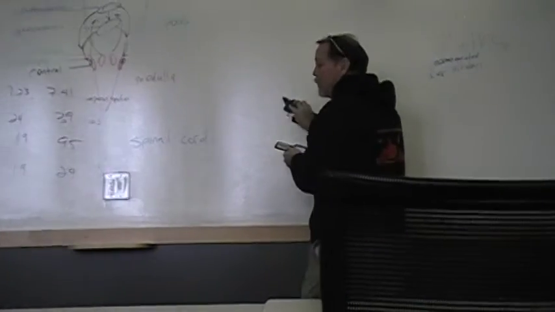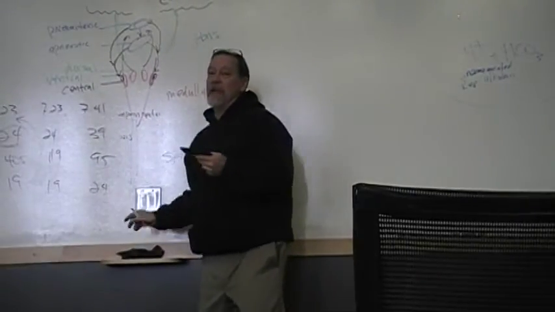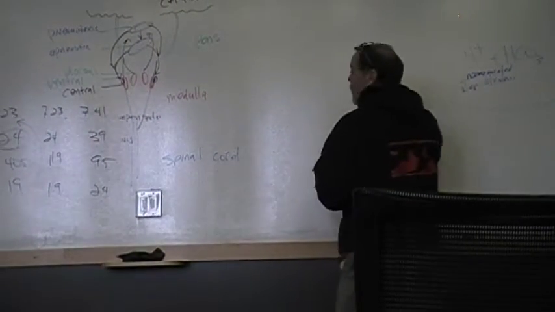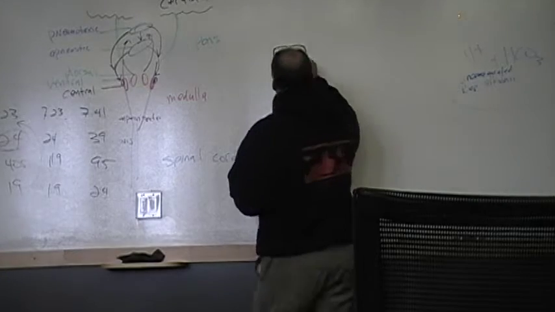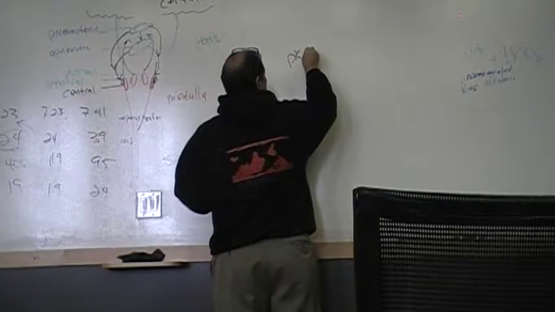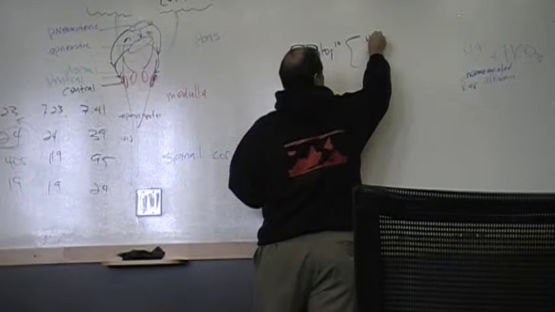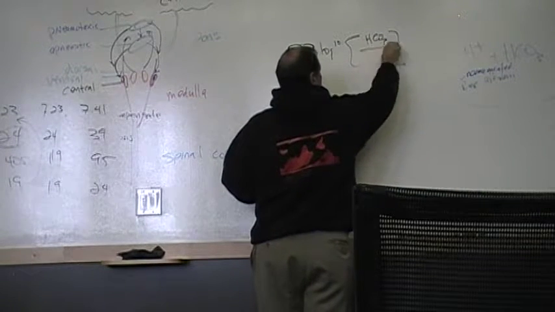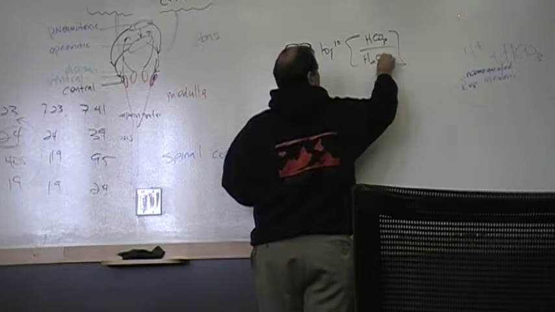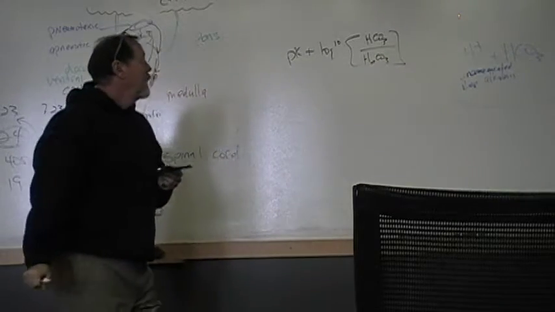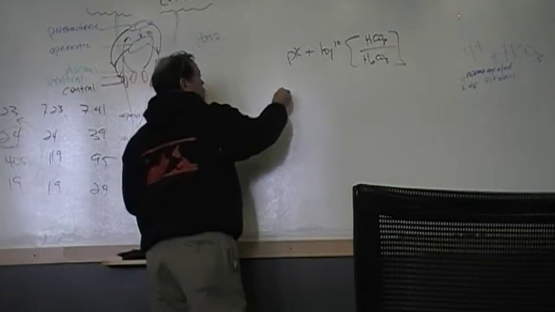What'll be great is when you're in clinical and you've got students following you in the next year and a half, and you'll say, oh yeah, Henderson-Hasselbalch. That's the pK plus the log base 10 of bicarbonate to carbonic acid. The pK is 6.1.